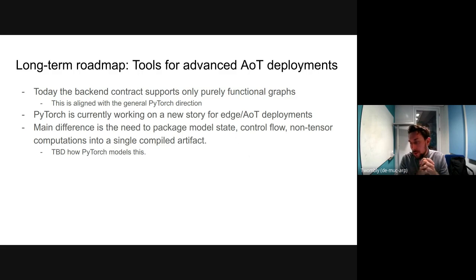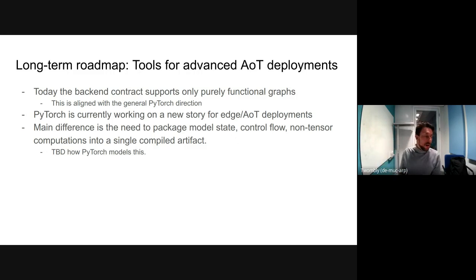Some backends don't support this. They just assume you're running in process with the framework. But other backends do have the ability to produce a standalone binary file, like, okay, here's your ARM binary that can run your thing on a phone or on a microcontroller or whatever it is.